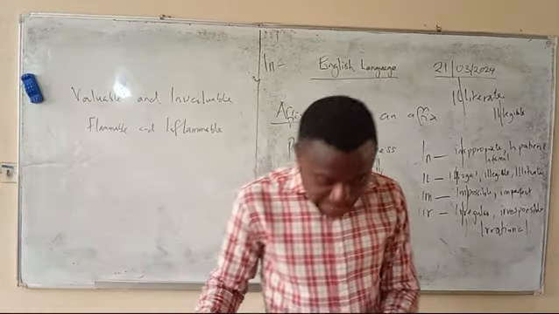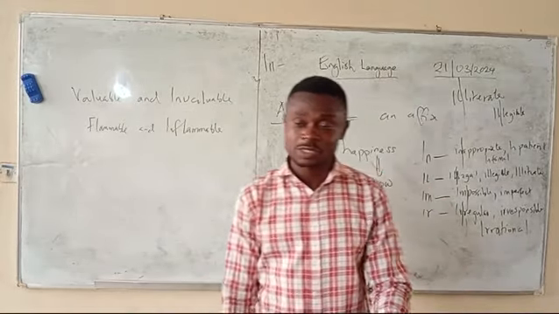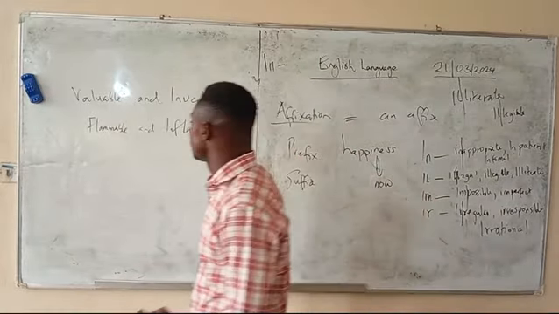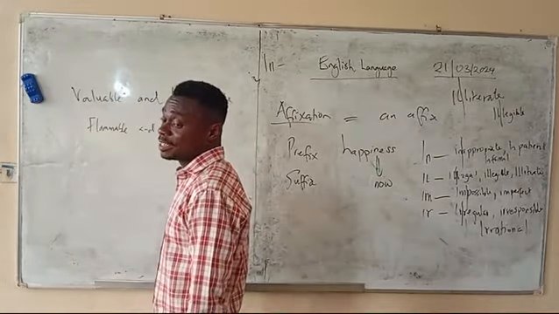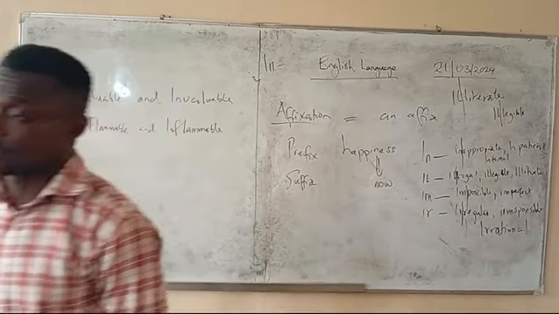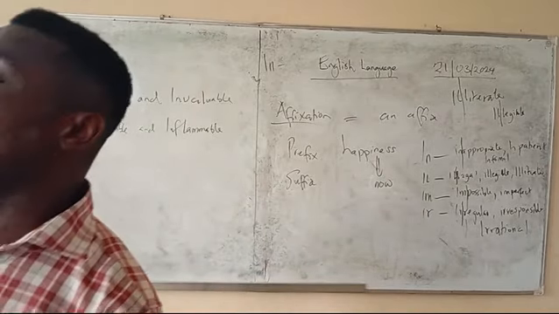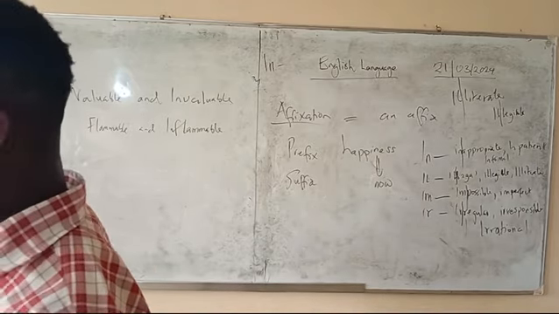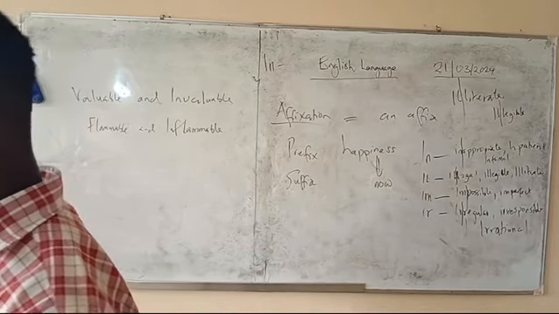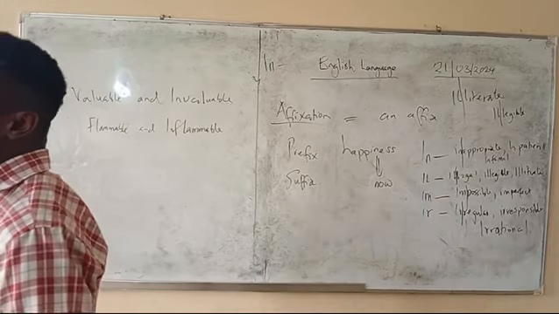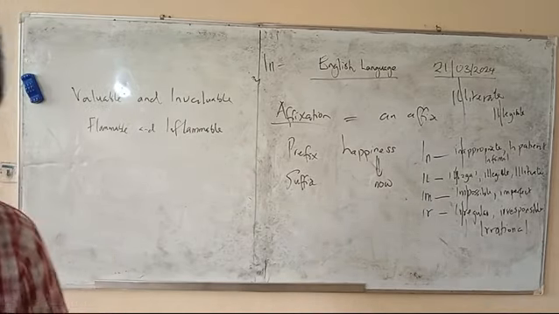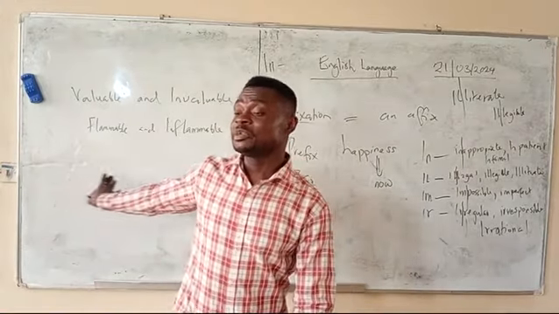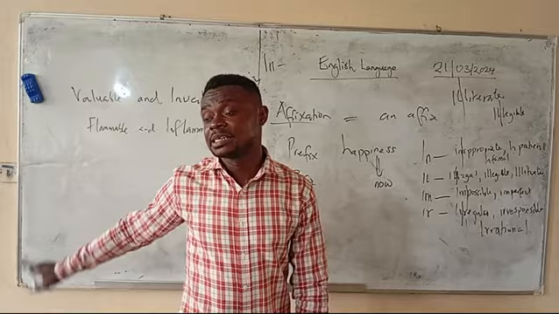But if something is inflammable, it can easily burn. Flame means that thing has the potential to burn. Yes, when it comes in contact with fire, it can get burned. But inflammable means that it can burn easily. Is there any negative implication there? No.